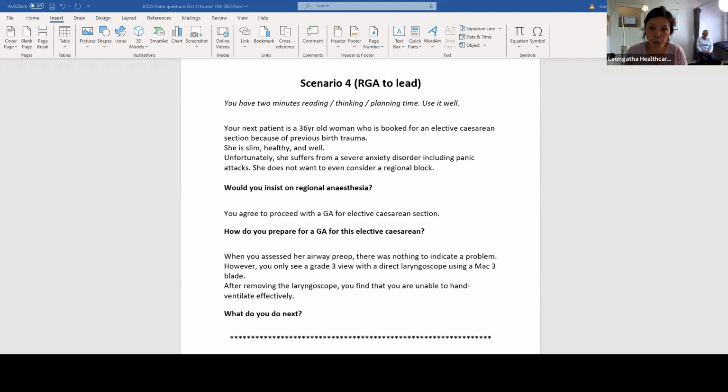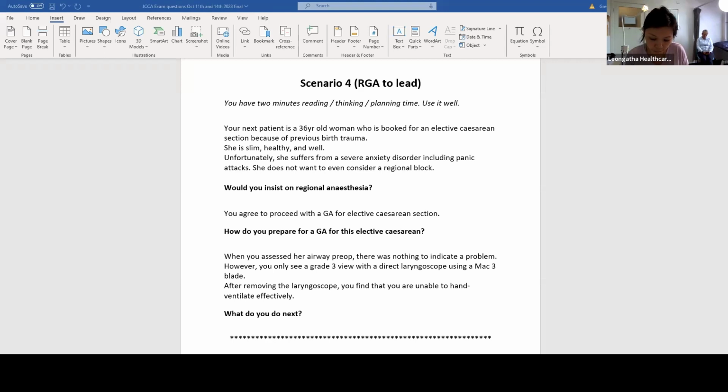I would make sure I've got 2 wide bore IV cannulas and that there's fluids running and that they're 100% reliable. I would have my airway equipment, including the difficult airway trolley around. My first choice of airway equipment would be a video laryngoscope with a size 4 blade, unless I felt she had a really difficult airway.